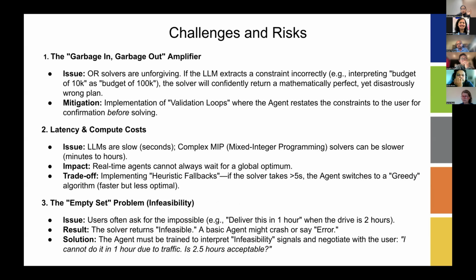So having said all of that, we still have some challenges and risks when we use an OR solver along with an LLM agent. So let's have a look at what they are. The first thing is OR solvers are unforgiving. What that means is they take whatever the LLM agent sends to the OR solver as the ground truth.